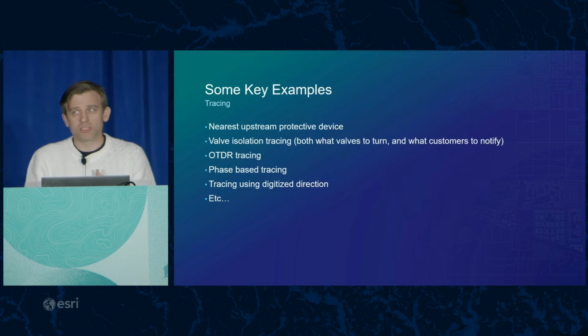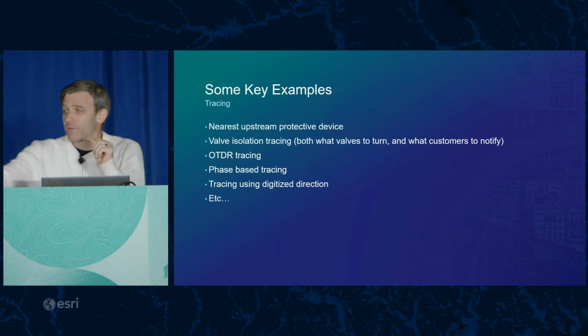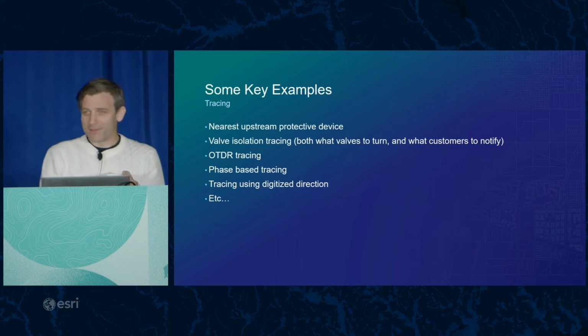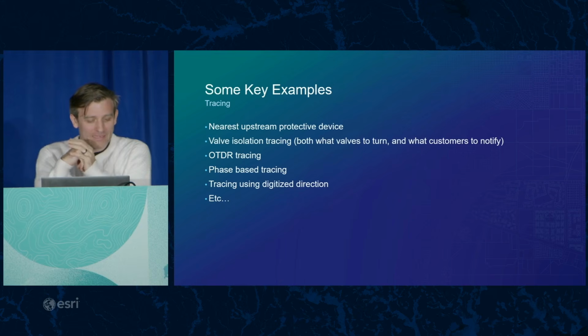And then some examples of tracing that you can get done, and we'll show some of these as we go through it. You can do nearest upstream protective device. You can do valve isolation tracing.